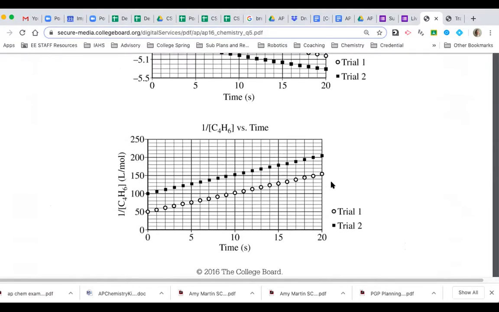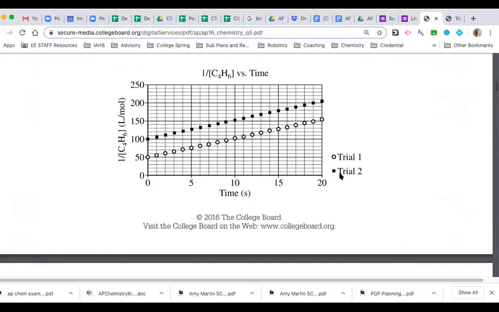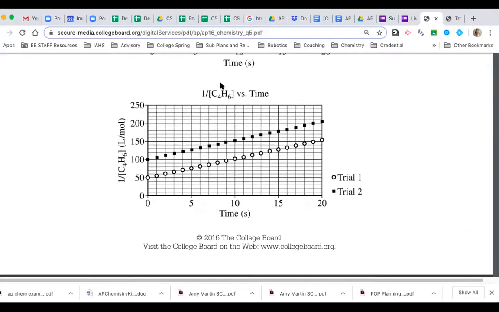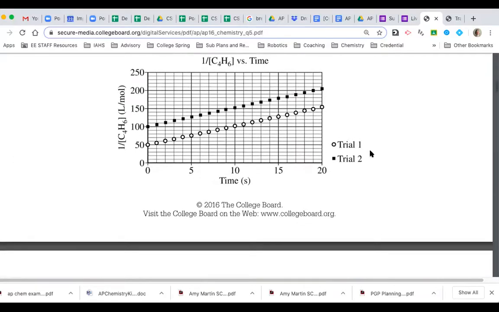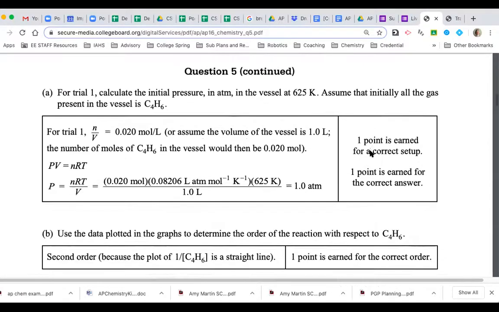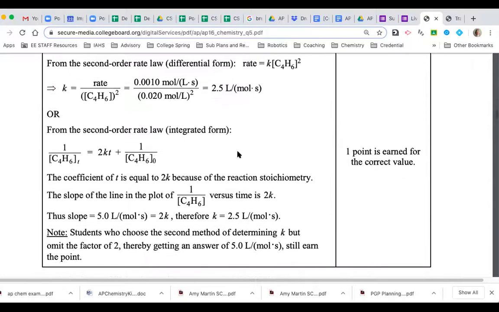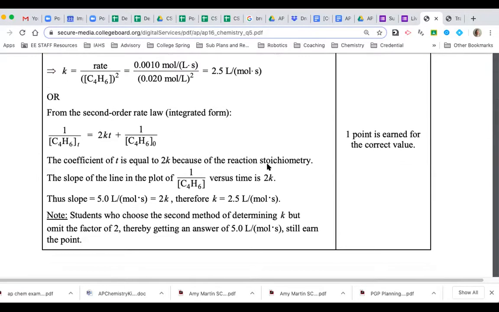And I would even say something about the equation, like, therefore it matches a graph of the equation. You can do that. See how they give the equation here from the second order rate law integrated form. You can say the integrated law, or you could just say the second order rate law. You don't have to include every word. Then we can see that it's second order.